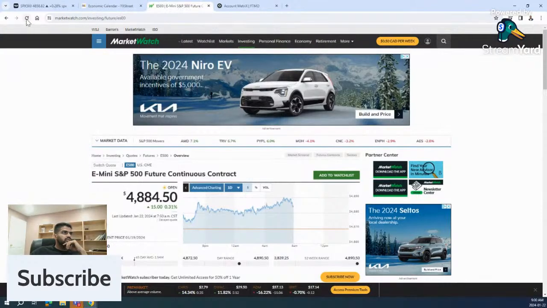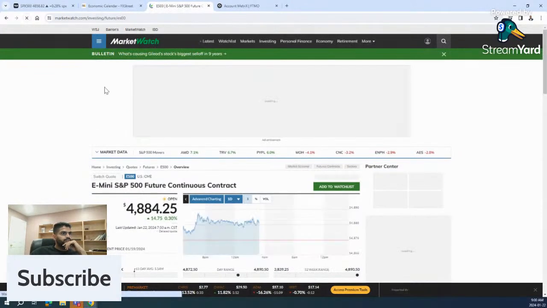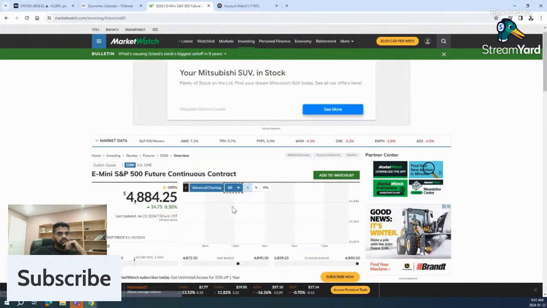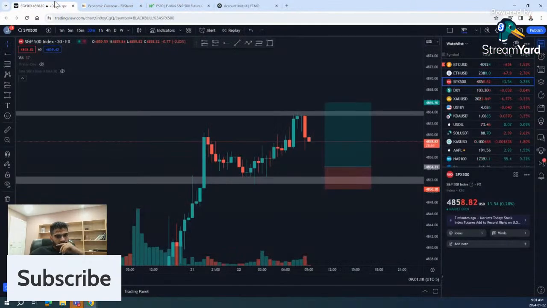Futures are pushing back down too. Perfect. This is good. We do need to test the low.